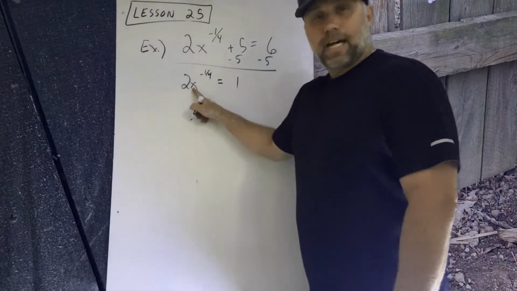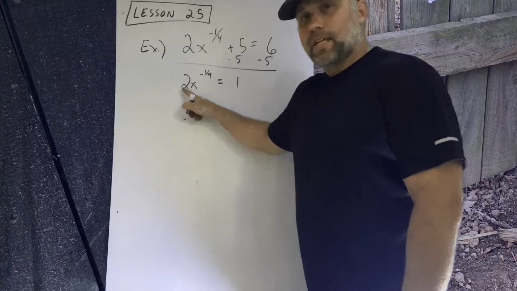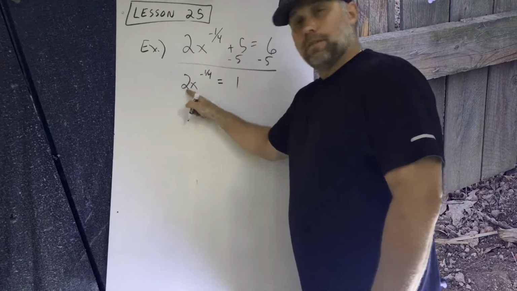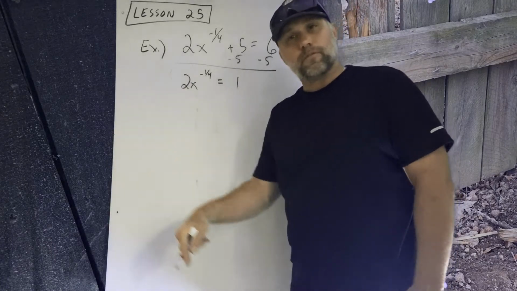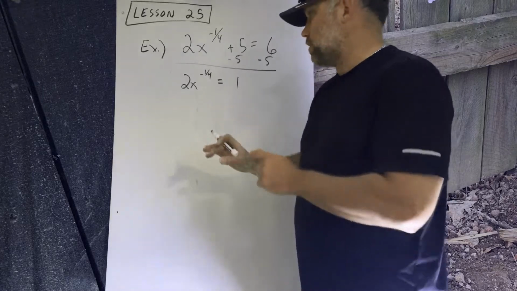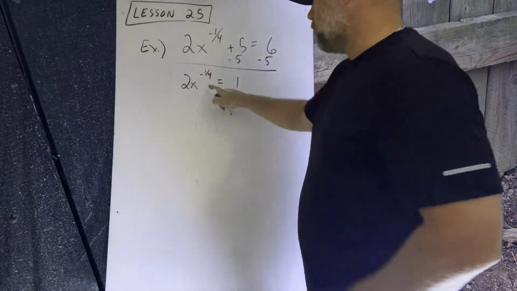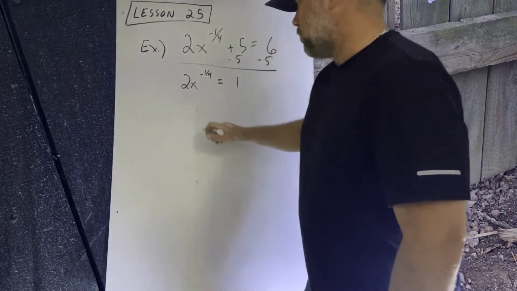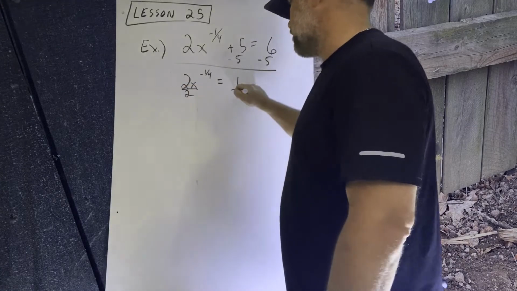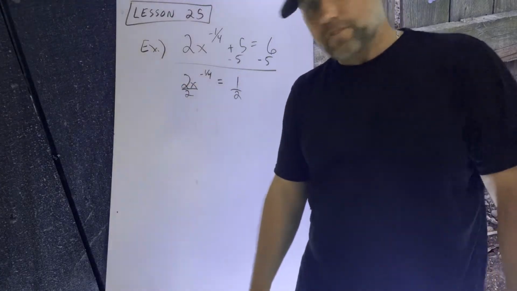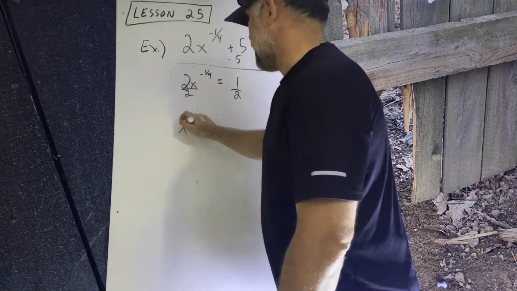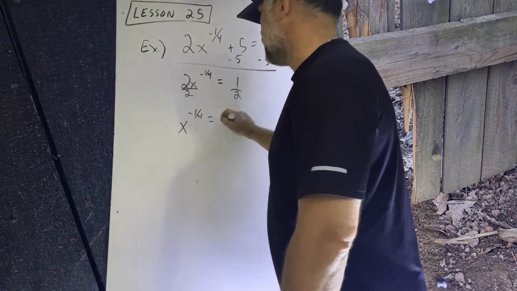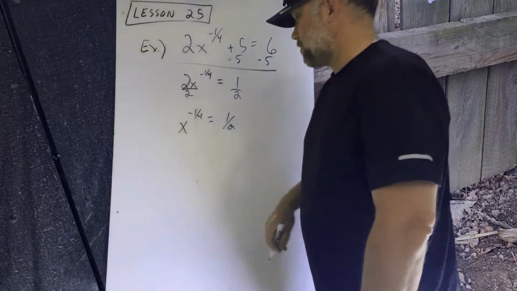I have to make sure I have x by itself, and right now there's a 2 out in front, so I need to get rid of that 2 first. If you see a number out in front of your x, before you try to raise both sides to your fractional exponent, you want to first get that number out of there. So I'm going to divide both sides by 2 first. That's going to give me x to the negative 1/4 equals 1/2.